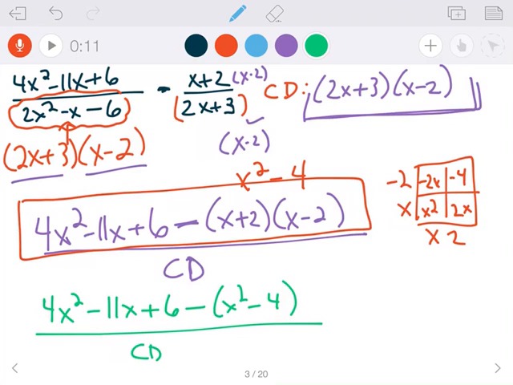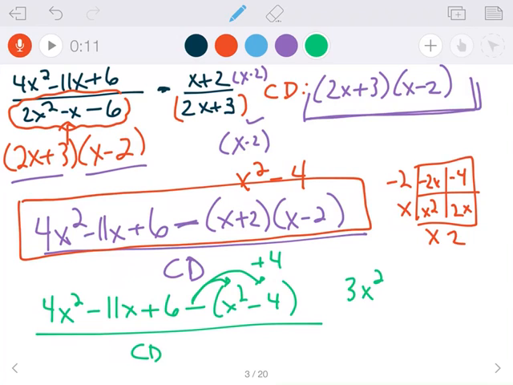And then, if this was a plus sign, we wouldn't have to worry about it, but since it's subtracting, we need to distribute that negative sign to both, so it becomes minus x squared plus 4. And then we're just going to combine the like terms. So I have 4x squared minus x squared, which gives me 3x squared.